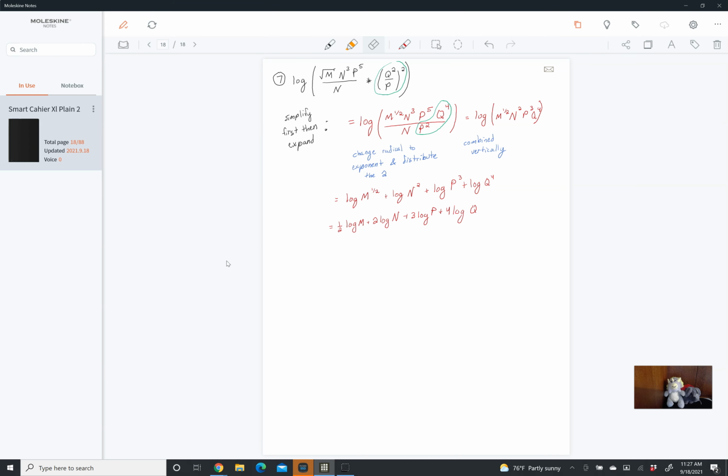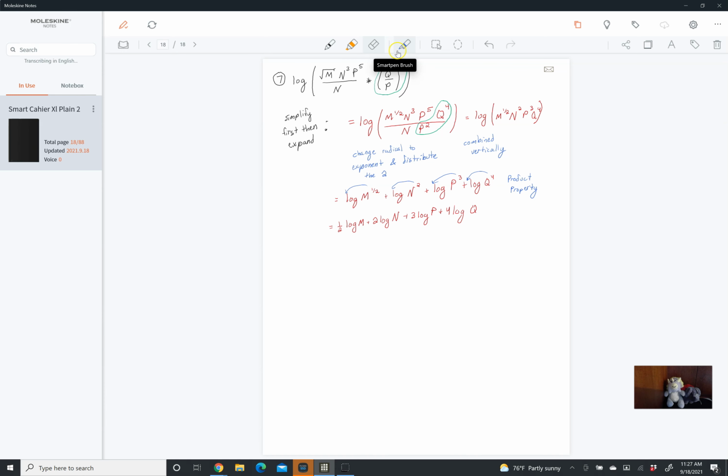So even though the original problem looked so complicated, it's actually not that many steps to get it completely expanded. And we just move these exponents out to the front. So here we use the product property. So that's one way of doing it.